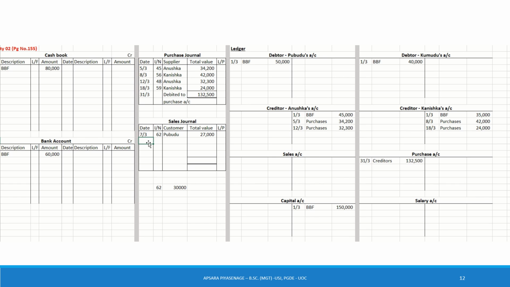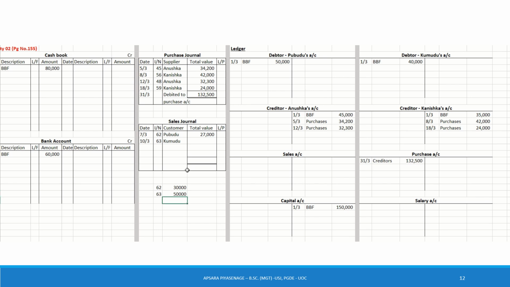Then 10th of March, invoice number 63. The customer is Kumudu. So to Kumudu, they have sold 25 trousers at 2,000 each.